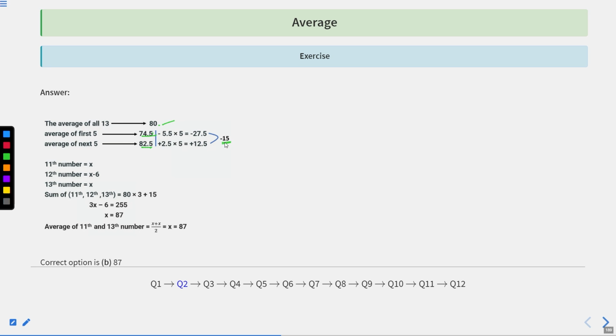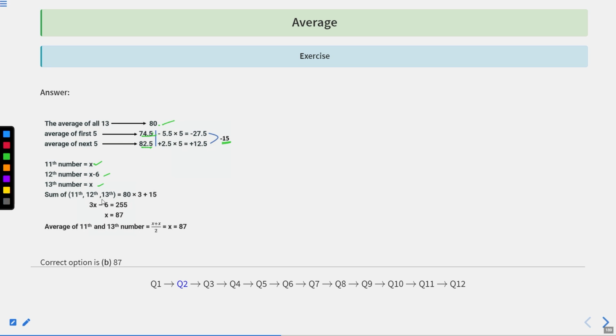Now moving ahead to the other information given to us: the 11th number is 6 more than the 12th number. If I suppose the 11th number to be x, then the 12th number will be x minus 6 and the 13th number will be x.